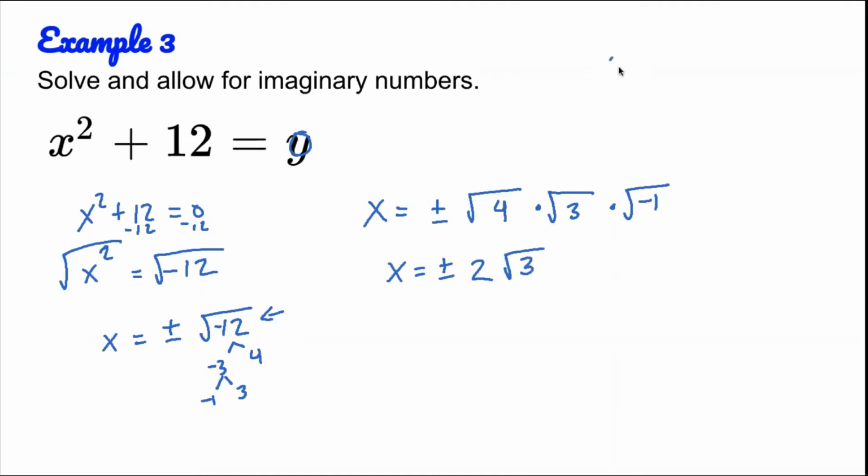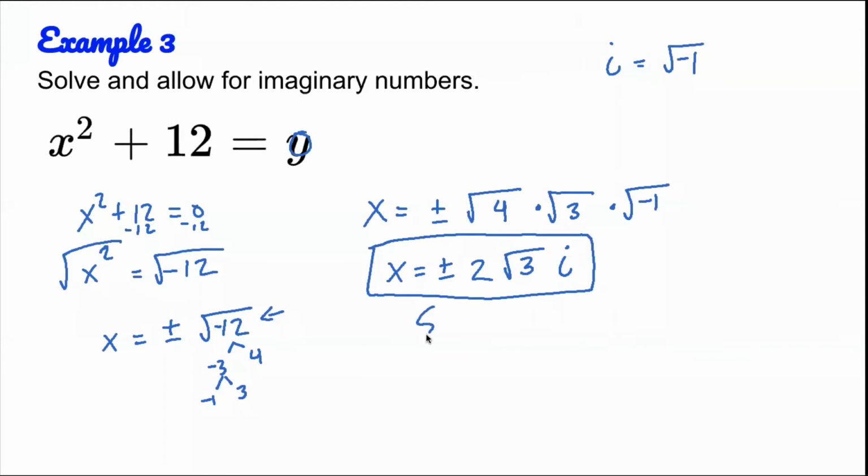And we know that i is equal to the square root of negative 1. So this would be i. And that would be our solution in this case. x equals plus or minus 2 square roots of 3, i. And you can go ahead and write it out as a set.